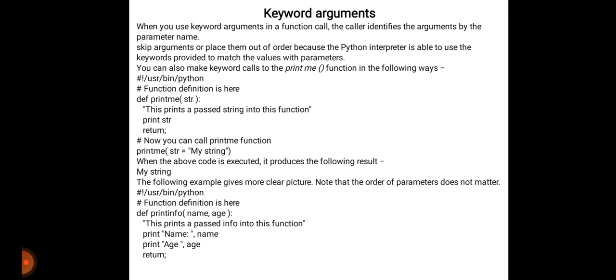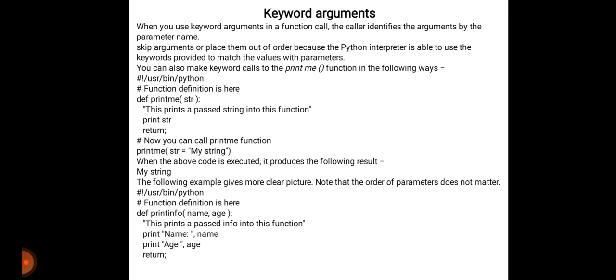Also, you can make keyword calls to the print me function in the following ways, so we will see what they are. So hashtag user bin Python, a function definition is here. Then define print me function in a string. This prints a passed string into this function, that is print str, and return to the program.